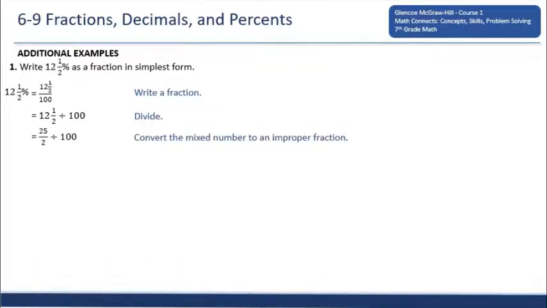So 12 times 2 is 24 plus 1 is 25/2 divided by 100. Multiply by the reciprocal. 25 over 2 times 1 over 100. Simplify the 25 once, and 25 goes into 100 4 times. Multiply what's left, and we get 1/8.